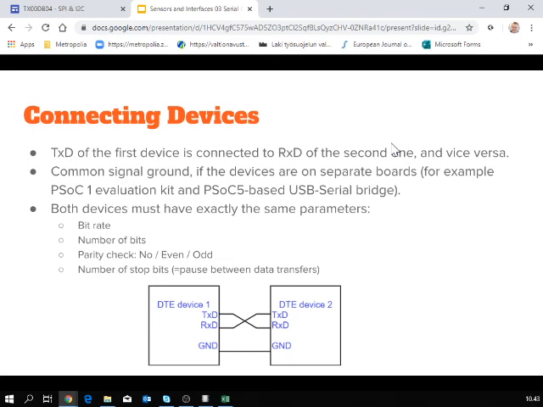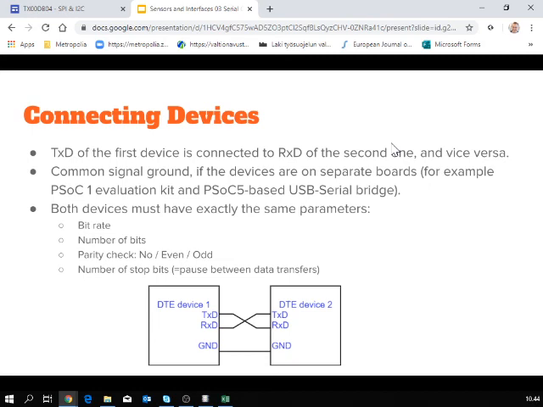But anyway, if you have two data terminal equipment, then one is transmitting, another one is receiving. Then there's a ground. There are some exceptions if you have a communication device. It could be that the other device is defined as data circuit-terminating equipment, meaning the computer end in the old-fashioned way.